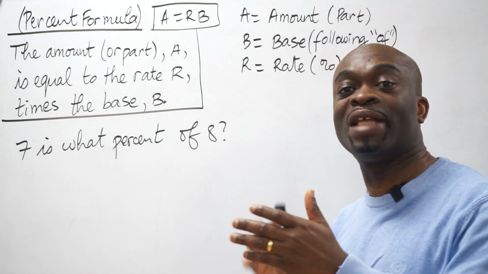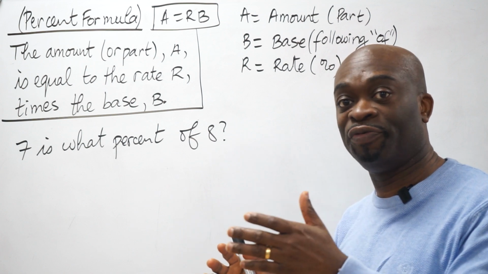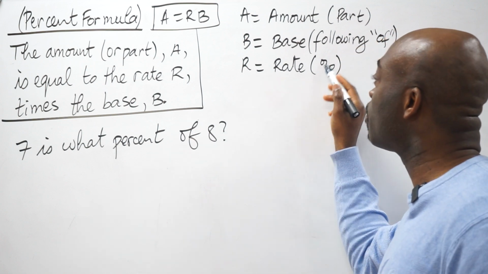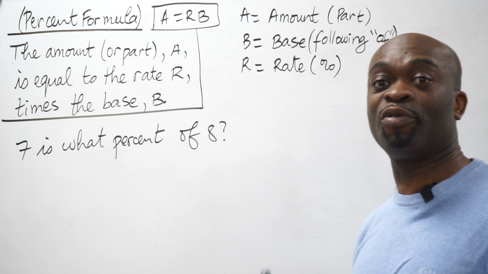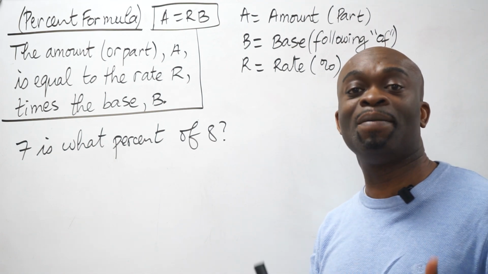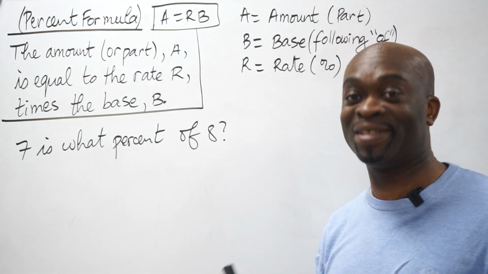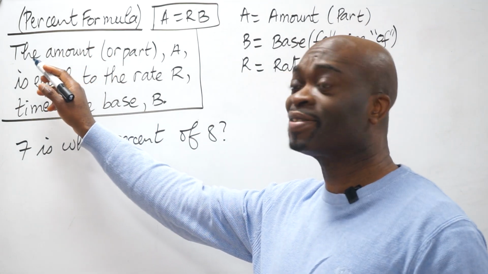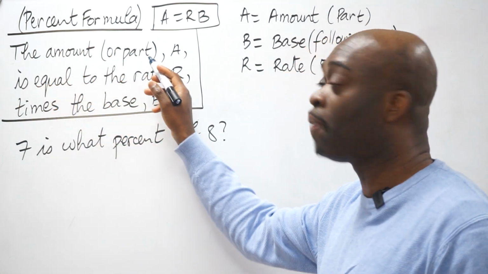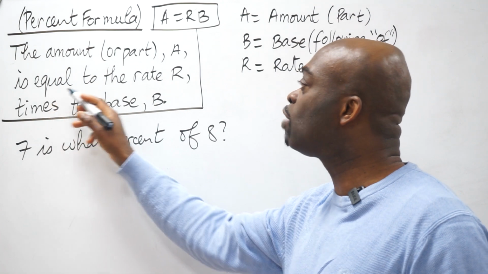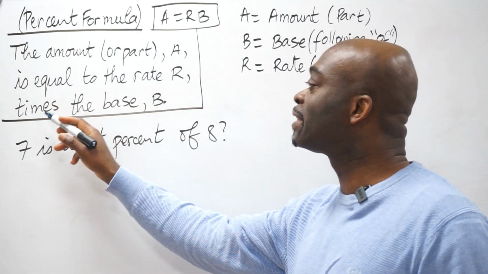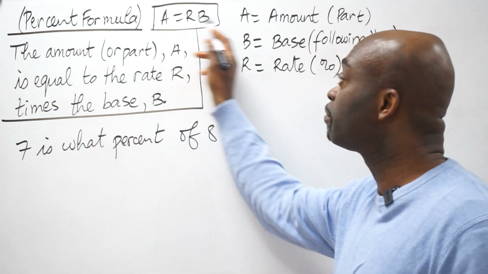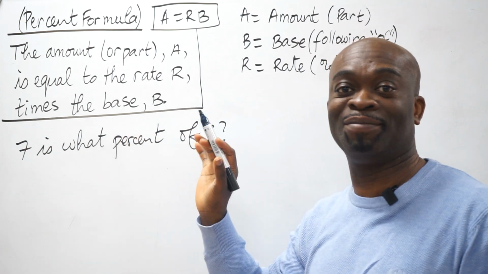And R is the rate, the number that always carries the percent symbol. So you cannot miss them. The percent formula says that the amount or part A is equal to the rate R times the base B. That's the formula, that's the only thing.